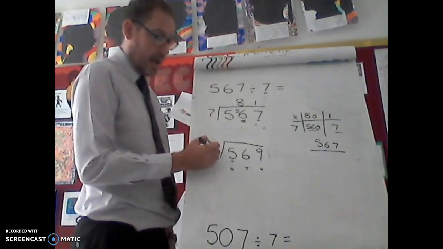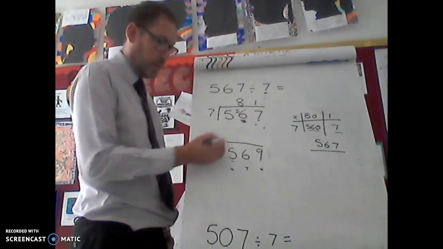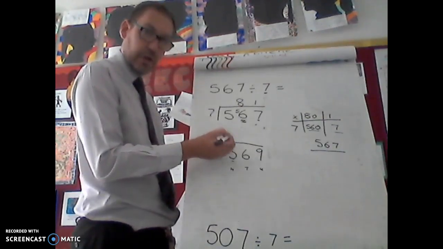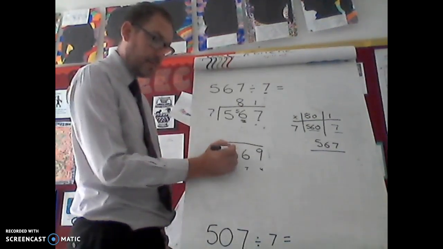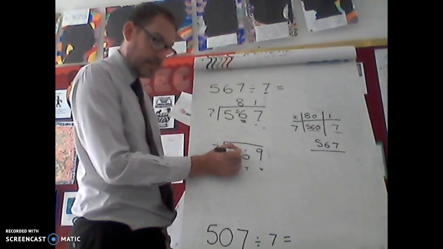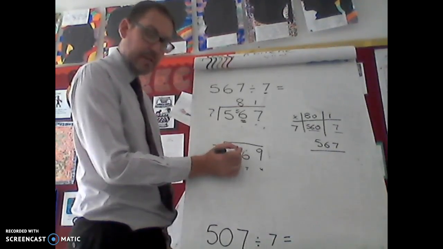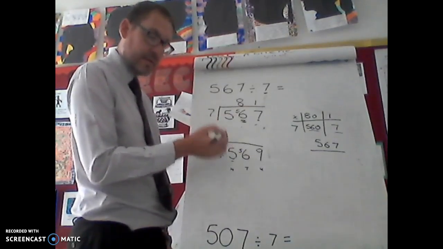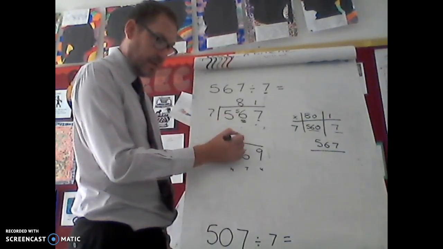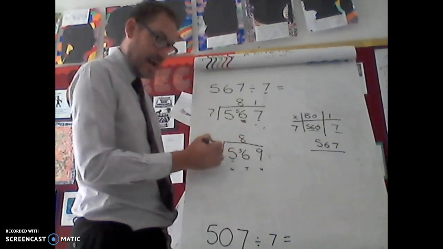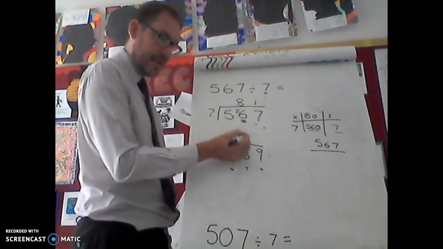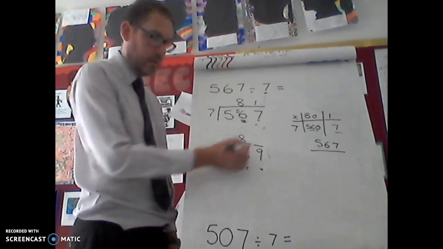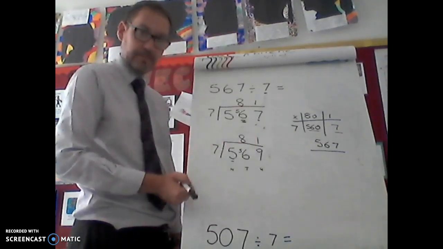We're going to say, how many 7s will fit into 5? Well, can't do that. I put a dot, some people put a 0 to help them. Bring it over here. We've got 56 just like we did before. So I know that 8 times 7, or 7 times 8, equals 56. So I'm going to put that there. And now look what happens. How many 7s can I fit into 9? Well, it's 1.